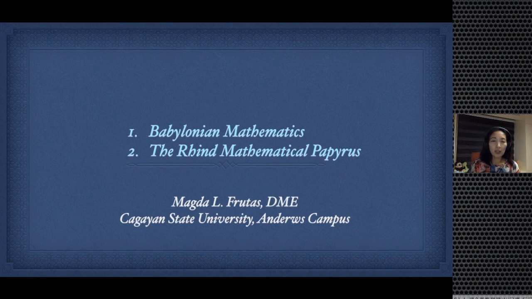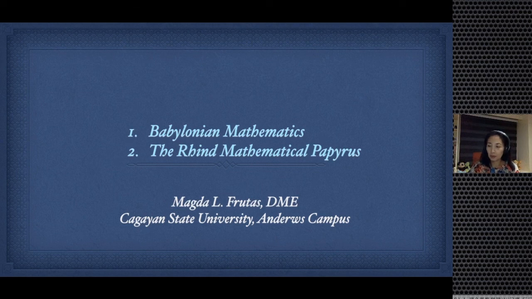And when we get into the second part, which is the Rhind mathematical papyrus, I will be expecting you to be able to describe the Rhind mathematical papyrus and solve selected problems from the RMP, or the Rhind mathematical papyrus.